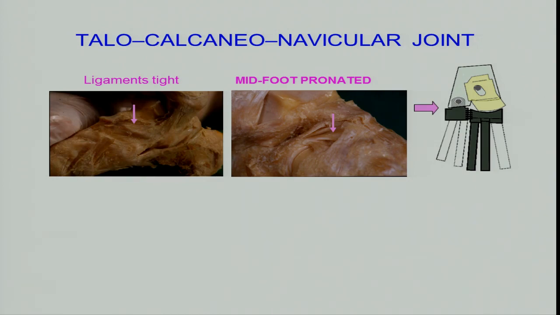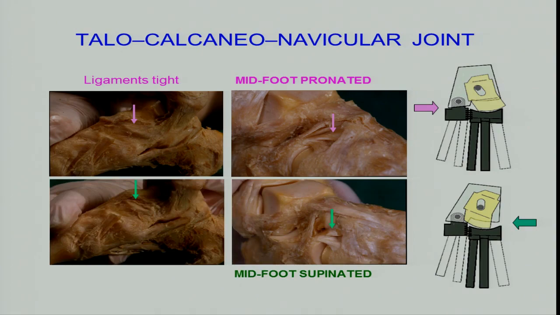Ligaments tight, pronated. Ligaments slack with the midfoot supinated. And this puzzled us for a while. We thought, gee, what? And then it suddenly dawned on us. When the midfoot was pronated, the navicular was pulled away from the calcaneus, so all the ligaments would be put under tension.